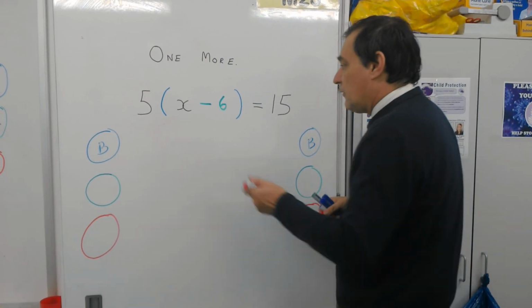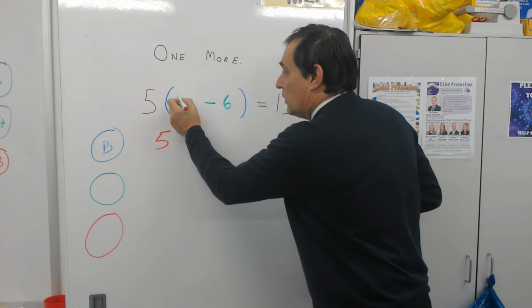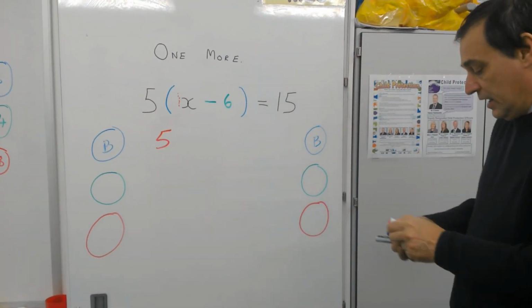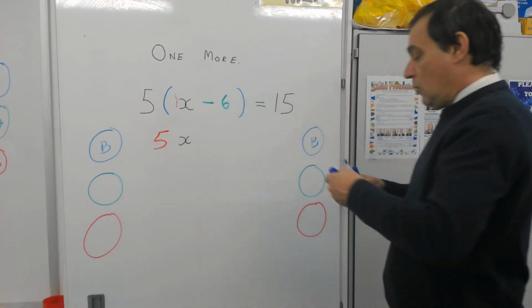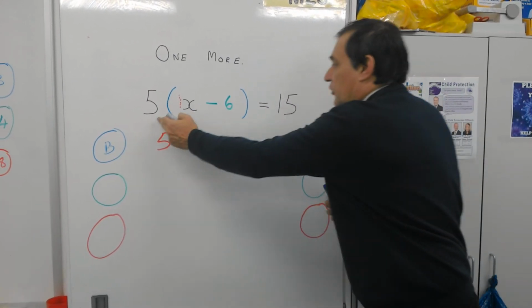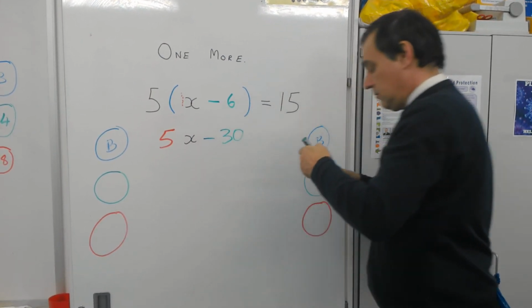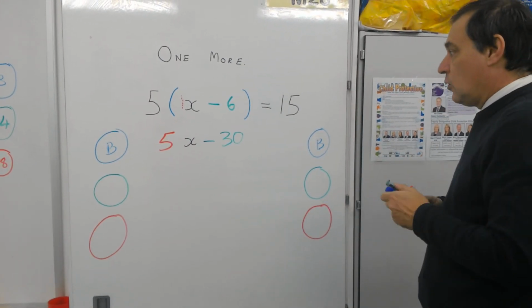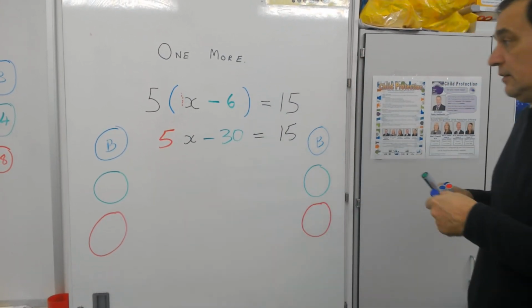Now I'm going to write the 5 in red, because remember, we've got an imaginary 1 there, haven't we? We never see the 1, so we put the imaginary 1 in there as a 5. 5 times 1 is 5. Take away 6, so 5 6s are 30, so that becomes a minus 30 in green. And that is equal, remember we leave this 15 alone at the moment, equals 15.